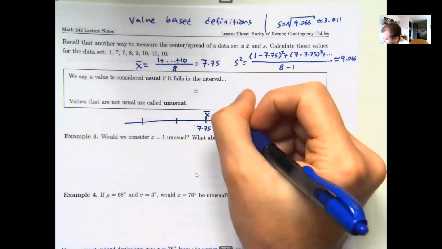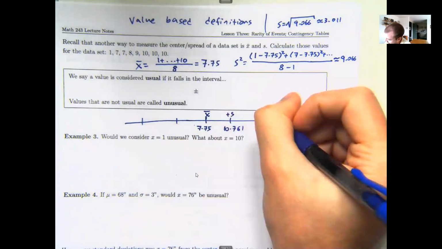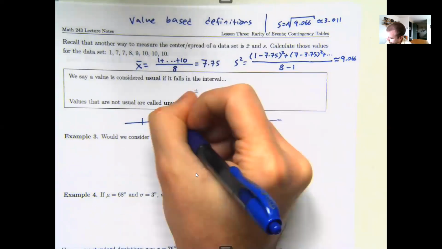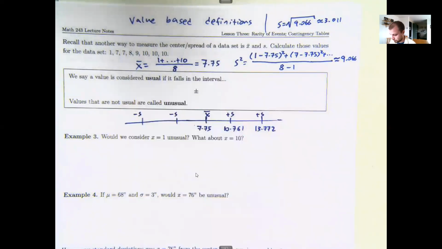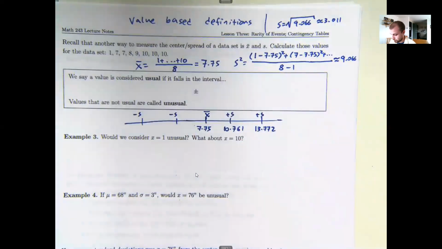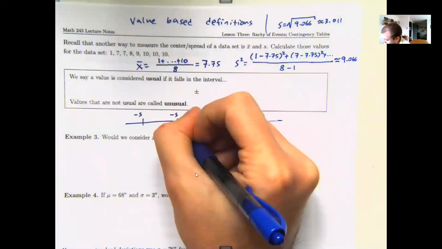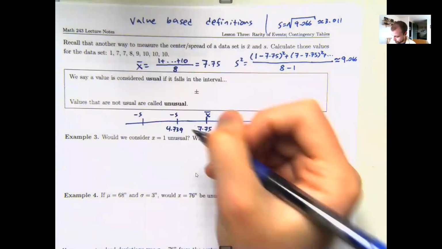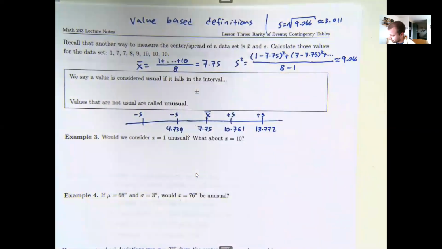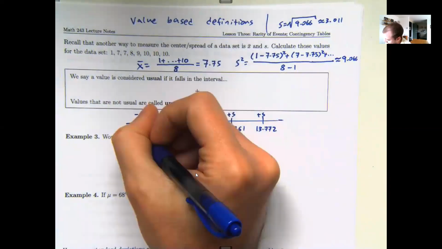So on this side, I'm adding standard deviations. On this side, I'm subtracting them. 4.739, I'm going to subtract again. 1.728.